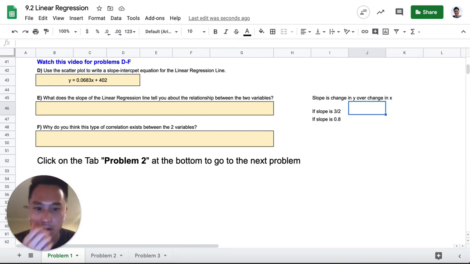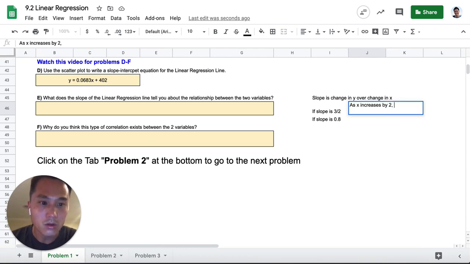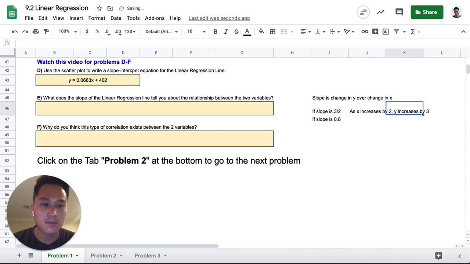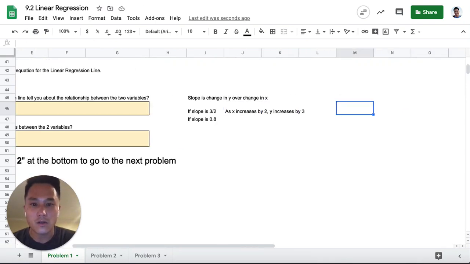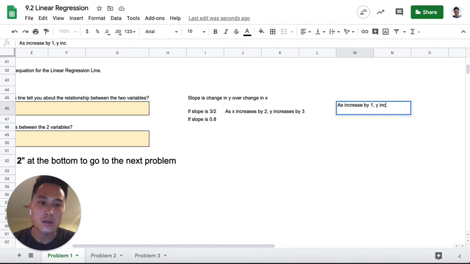So I can say this means that as x increases by 2, y increases by 3. That's what that tells us. Or you can also think of this as x increases by 1, y increases by 3 over 2.